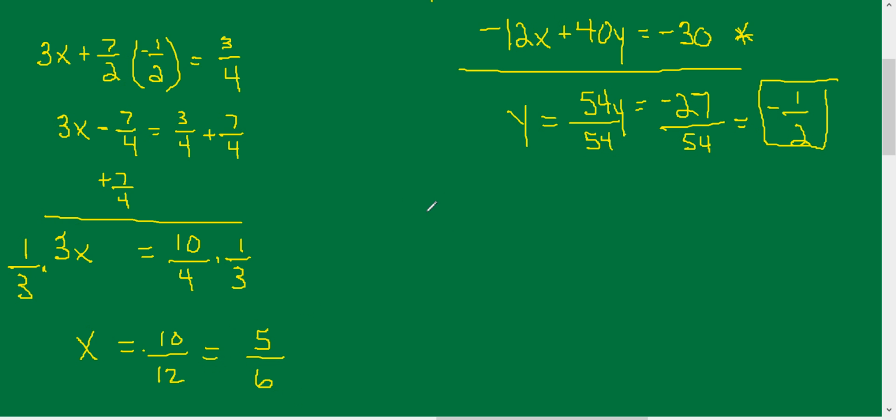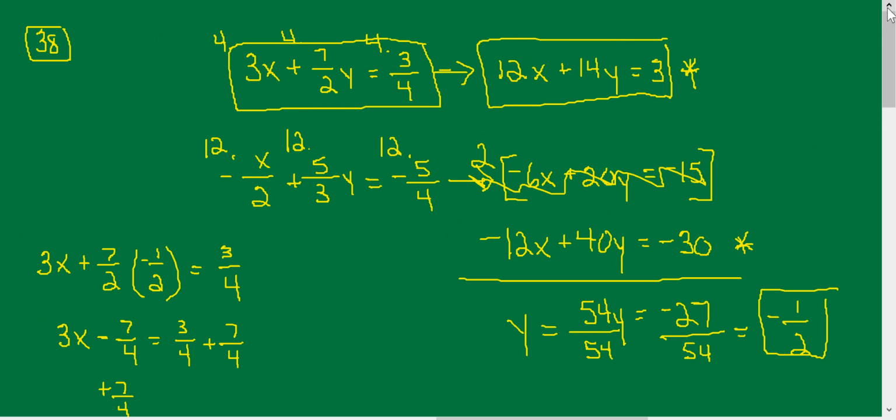x equals 5 over 6, and y equals negative 1 over 2. So there's my system. If I plug it in again to the other equation, which one do we do now? How about we do this bottom one? Hope I don't mess up the signs here.